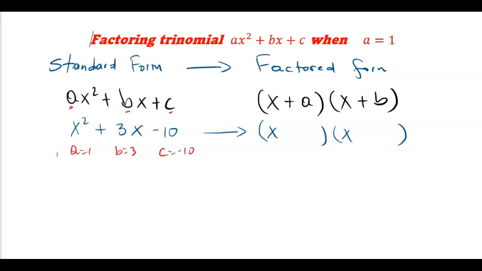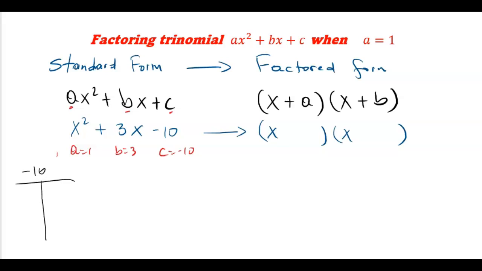Once you identify a, b, c, we're going to take the c value, which is negative 10. We're going to find all the factors of negative 10 that add up to give you 3. Because it's negative, when you multiply to get a negative number, at least one of the numbers has to be negative.